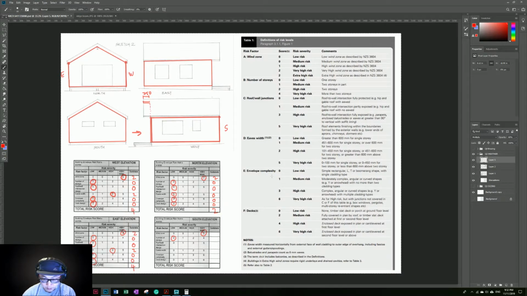So it's fully, let's say fully exposed. Or roof with no eaves.